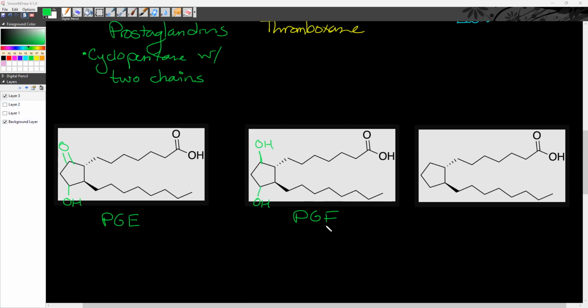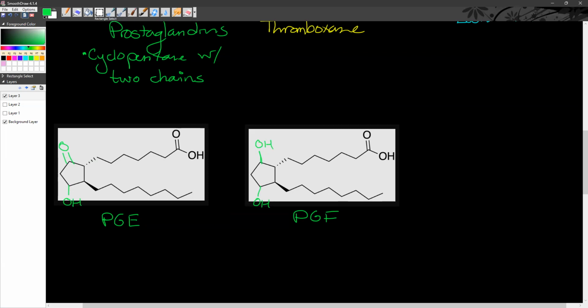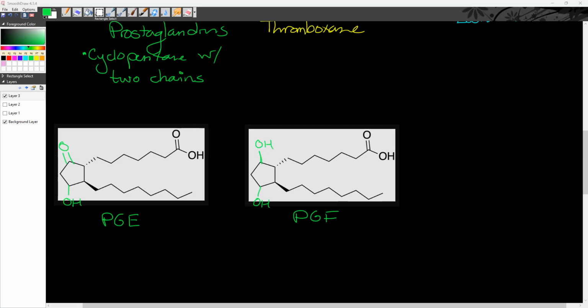And then finally, for PGI, prostacyclin backbone.